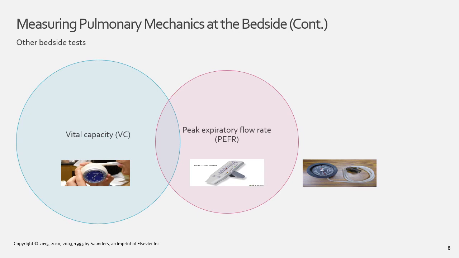Peak expiratory flow rate can be done with a bedside spirometer, but also can be done with a peak flow meter. This is especially useful in asthmatic children over the age of 8. Or a negative inspiratory force manometer: MIP, MEP, NIF, or, as we said, negative inspiratory force. Negative inspiratory force tells us how well the diaphragm is working.